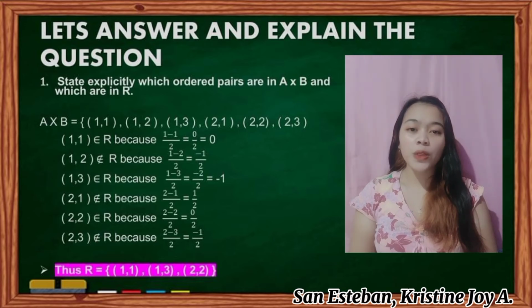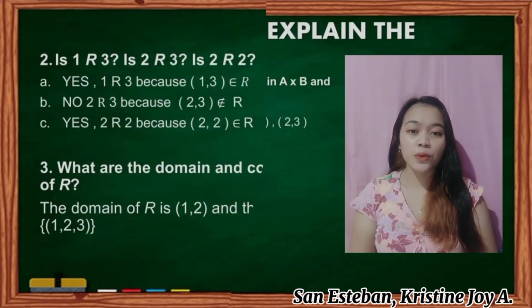Another, (2, 2) is an element of relation R because it equals 0, and 0 is an integer. (2, 3) is not an element of relation R because it equals negative 1/2, which is not an integer. So, therefore, the elements of relation R are (1, 1), (1, 3), and (2, 2).